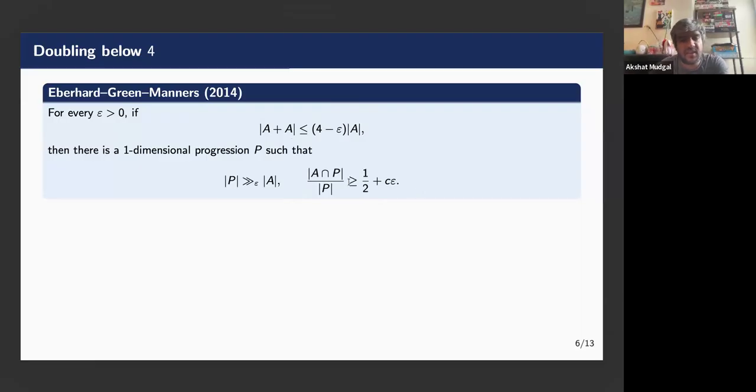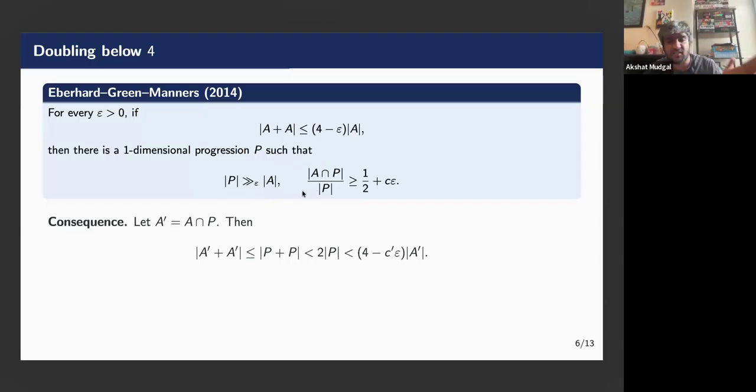So A intersect P is at least half of P, and P is large enough in terms of A. If I think of my subset A prime being A intersect P, I know that A prime is large. A prime is bounded below by some constant that depends on epsilon times the size of A. Moreover, just by using the information that A prime is contained in this progression with density half plus something, I can show that the doubling of A prime plus A prime trivially satisfies at most 4 minus some constant times epsilon.